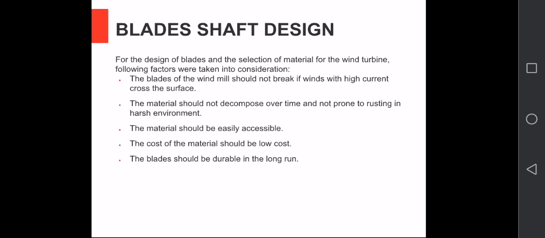The first factor is that the blades should not break. The blades should not decompose over time, and the material should be easily accessible, so that you can make multiple wind turbines and even a wind farm from it. The cost of the material should be low.